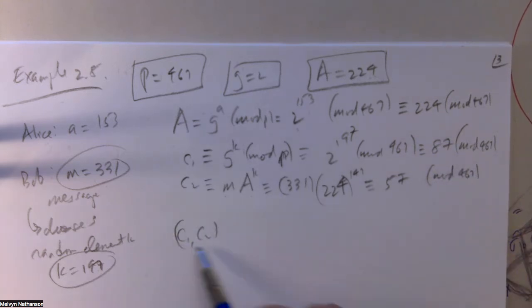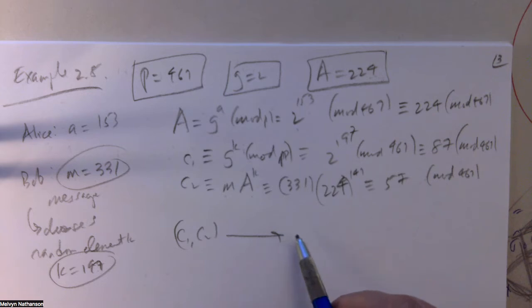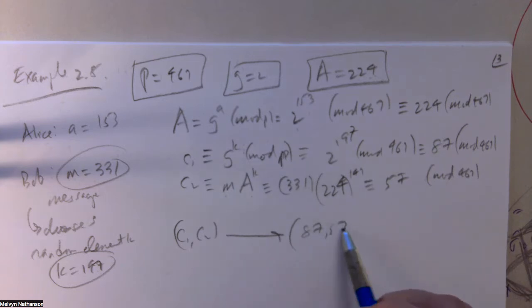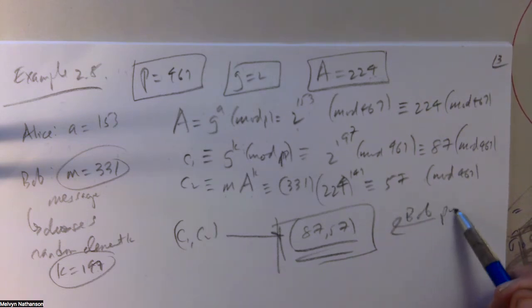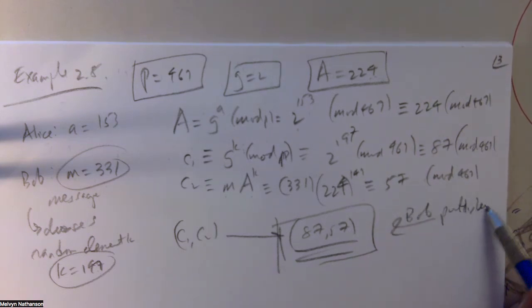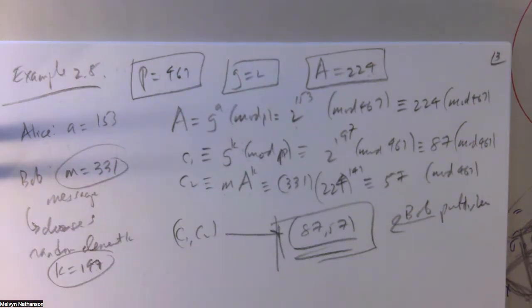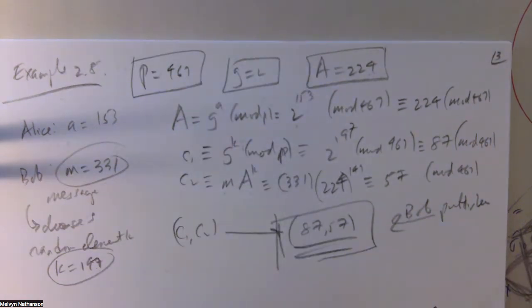So the pair C1, C2 that Bob sends to Alice is 87, 57. And now this is also public. This is what Bob publishes, this pair of numbers, 87, 57.